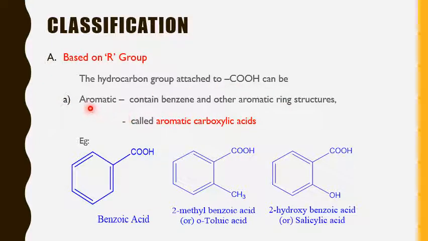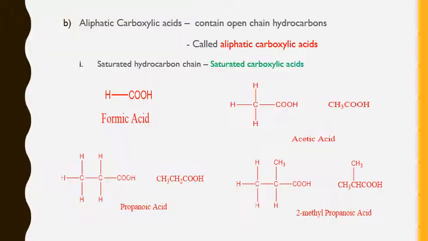Finally we say that aromatic carboxylic acids are those carboxylic acids which contain COOH, where the C of COOH is directly bonded to the ring carbon of an aromatic ring. Aromatic rings are, for example, benzene and pyridine. Of course, for simplicity we have taken mainly benzene type of molecule.